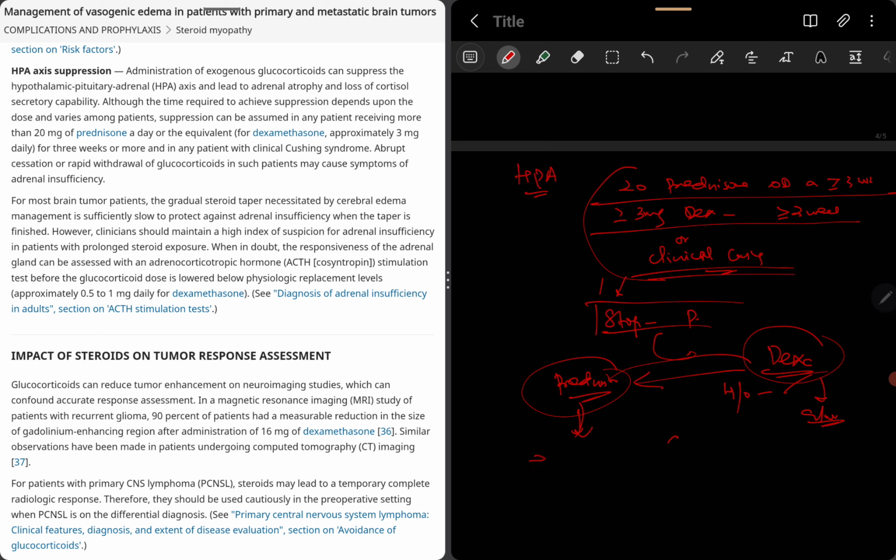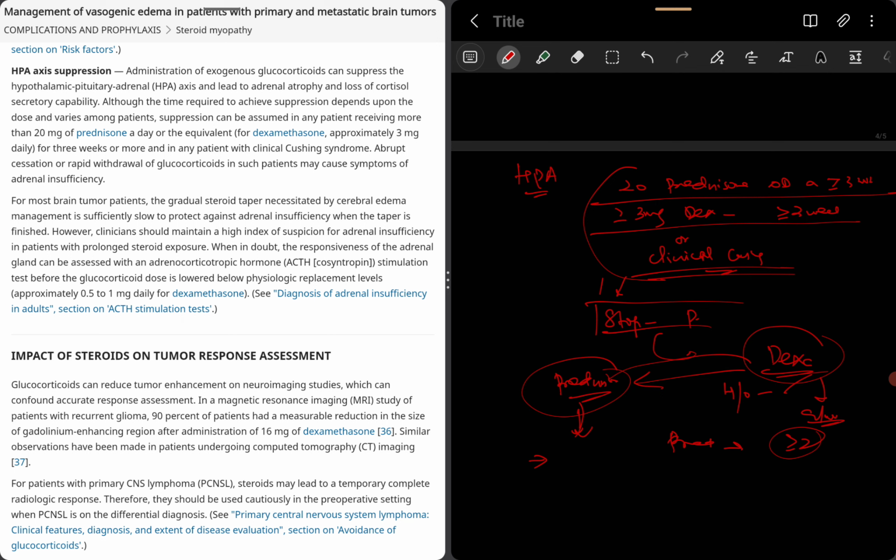But note that when you are going to taper prednisone, if the patient's cerebral edema has settled and clinical symptoms have improved, and you want to taper below physiological replacement levels, but you suspect that the patient has been receiving prednisone or DEXA for a long time, even if only 2 weeks, you still have to keep in mind that the patient might have developed adrenal insufficiency.